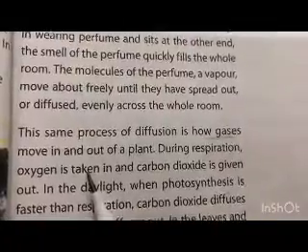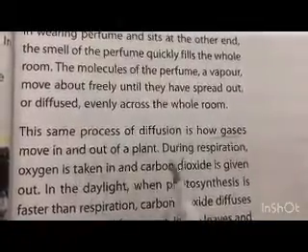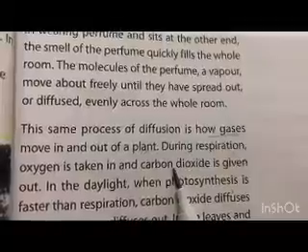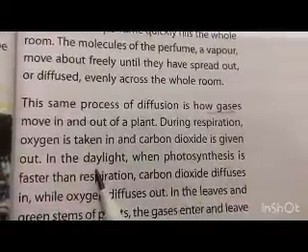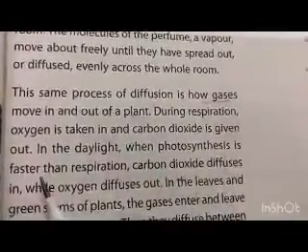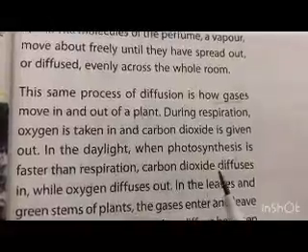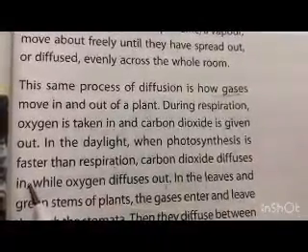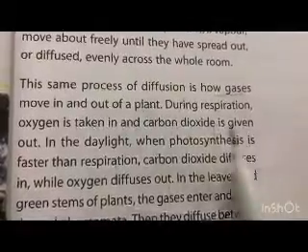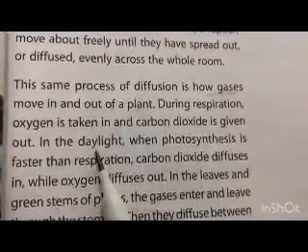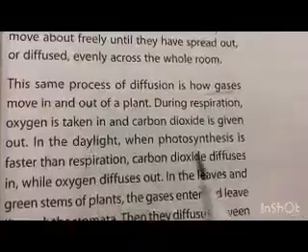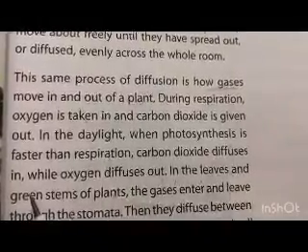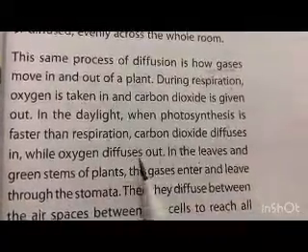In the daylight, when photosynthesis is faster than respiration, carbon dioxide diffuses in while oxygen diffuses out.